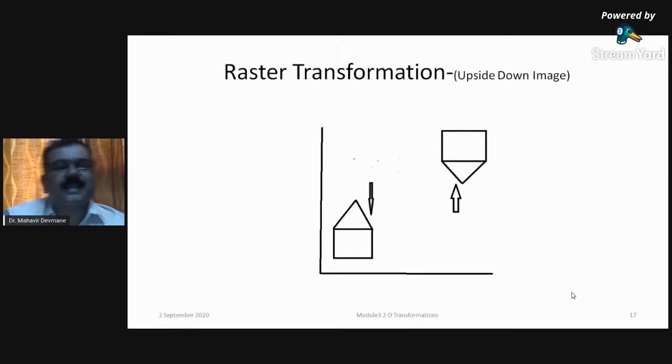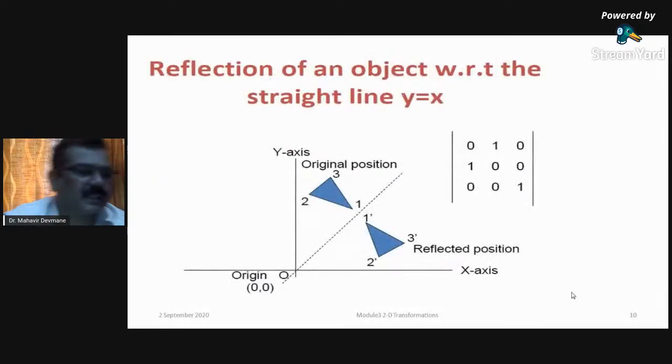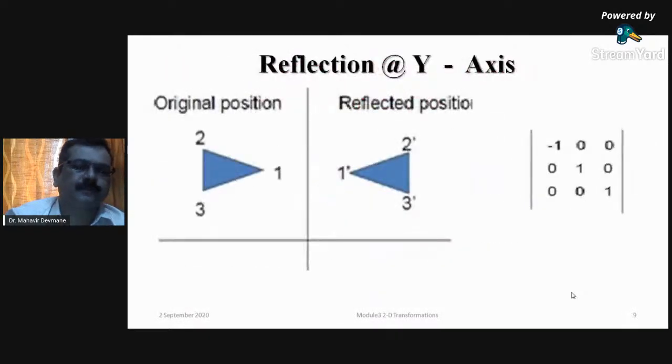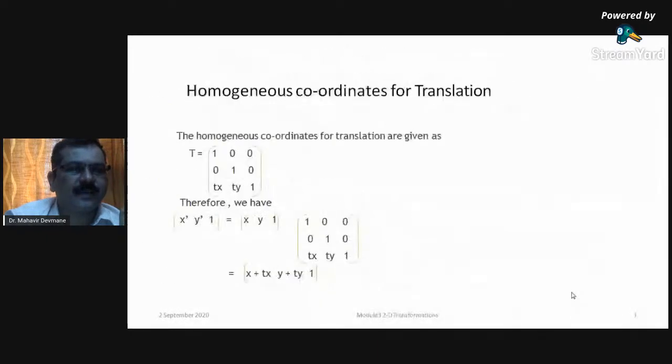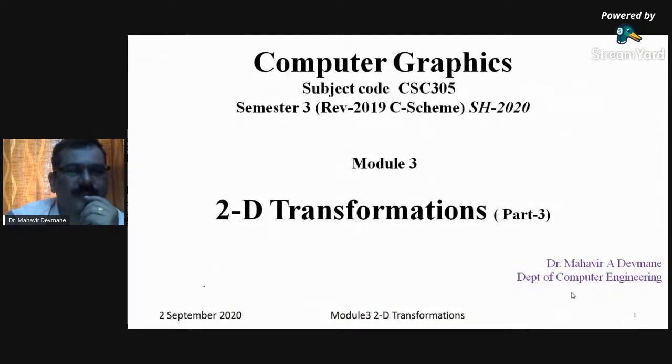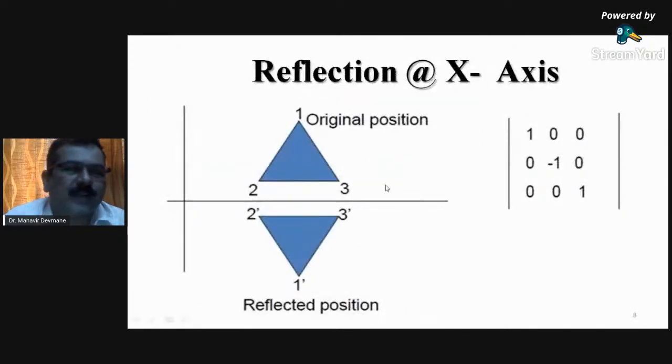Raster transformation means basically what? You have seen all these kinds of transformations like reflections, etc., where you basically work on the vertices of the given object, right? If I consider this particular diagram, I'll consider this vertex, this vertex, this vertex, and I'll perform its reflection and get the object.